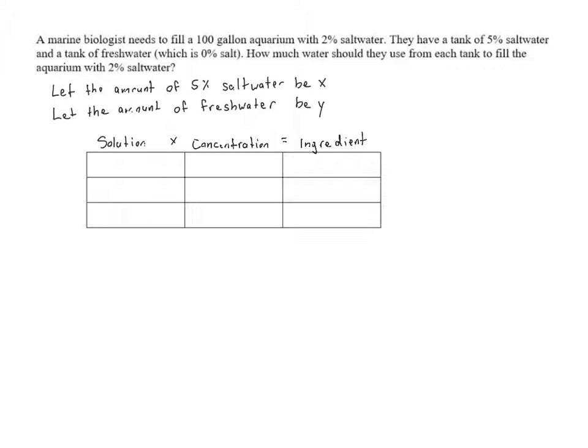The two things that the marine biologist starts with are a tank of 5% salt water, and then fresh water. And they want to end up, when they mix them, with 2% salt water in the aquarium.